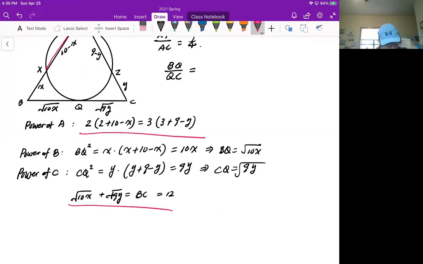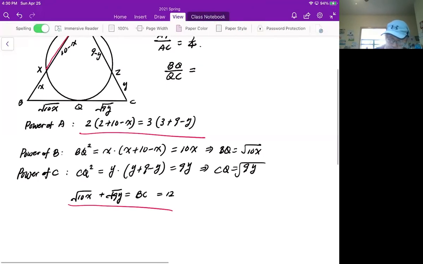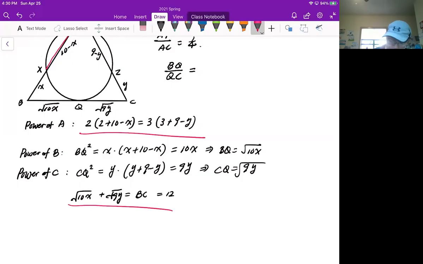After you solve the equation, it's a little bit complicated, but we can get the answer. So solve this equation. X is equal to 106 minus 12 times the root of 70. And then you can get the rest of it.